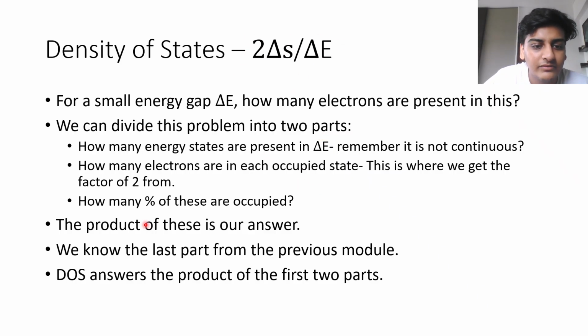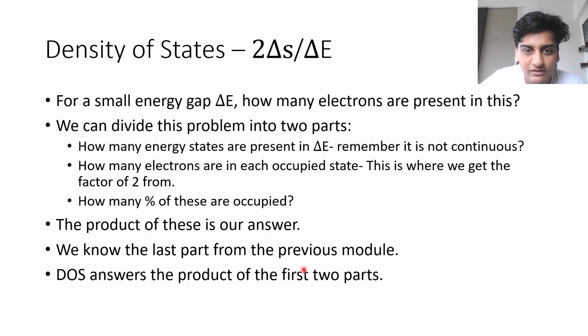And then when we consider what percentage of states are occupied and we multiply by that, then that product will give us the answer of how many electrons are present in this gap delta E. The occupation probability, or the percentage that are occupied, is something that we saw in the previous module how to calculate already.